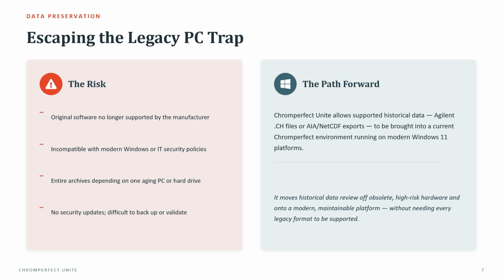If that one PC or hard drive fails, years of data could become practically inaccessible. Where the data is available in a supported format, Agilent .ch files, or AIA NetCDF exports, Chromperfect Unite provides a route off that obsolete hardware and onto a current, maintainable Windows 11 platform.